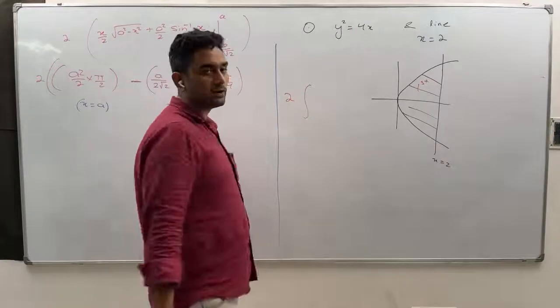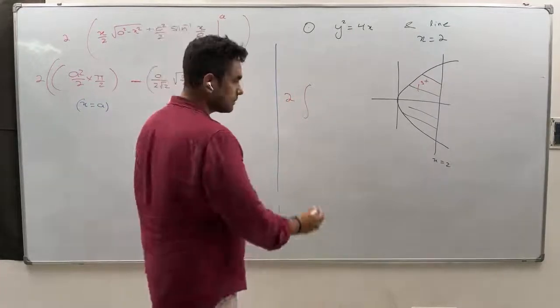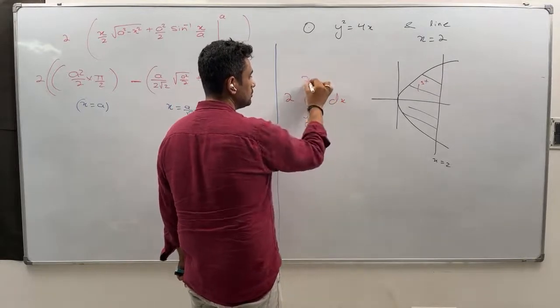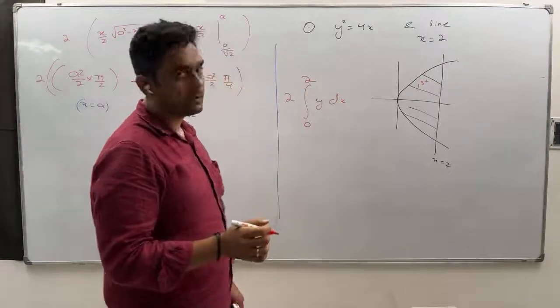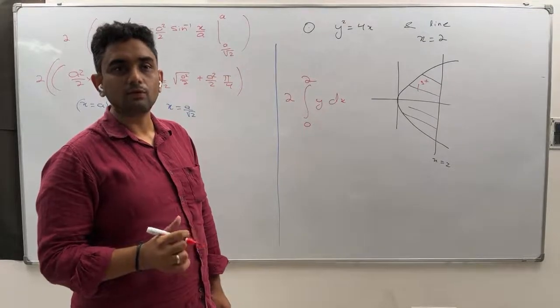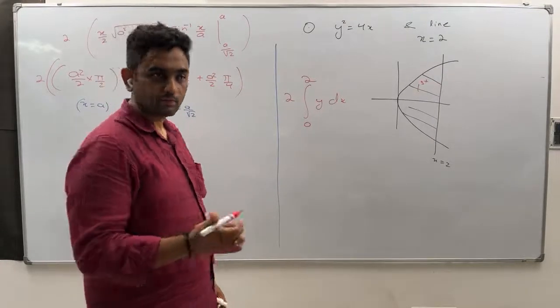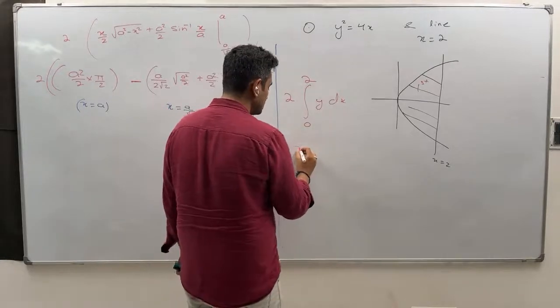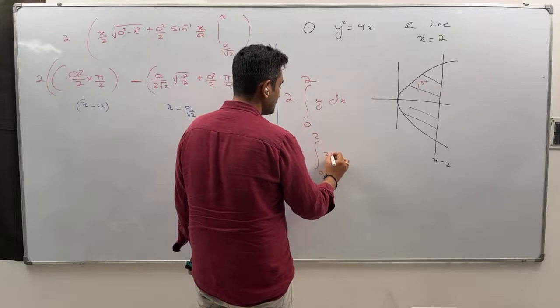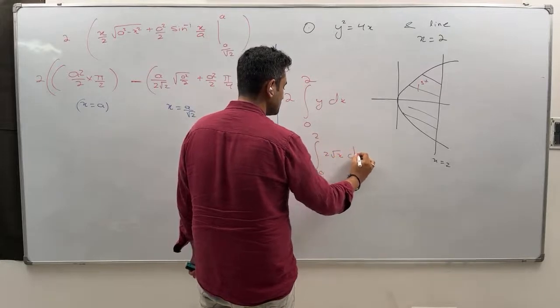Now what should be the limit on x? If you are doing y dx, we'll get it as 0 to 2. Now what is y? Root 4x, or I can say 2 root x, same thing. So we can write it as twice the integral from 0 to 2 of 2 root x dx.